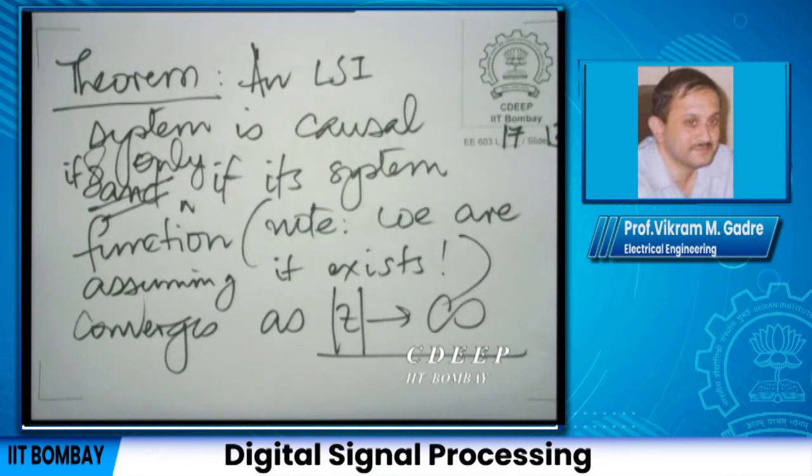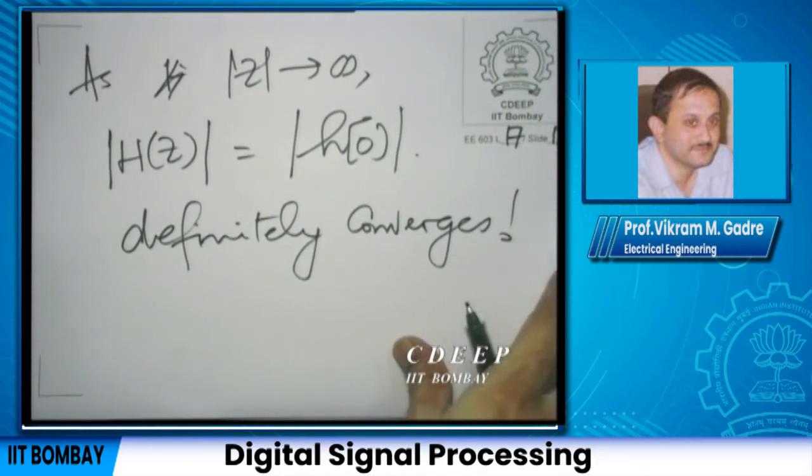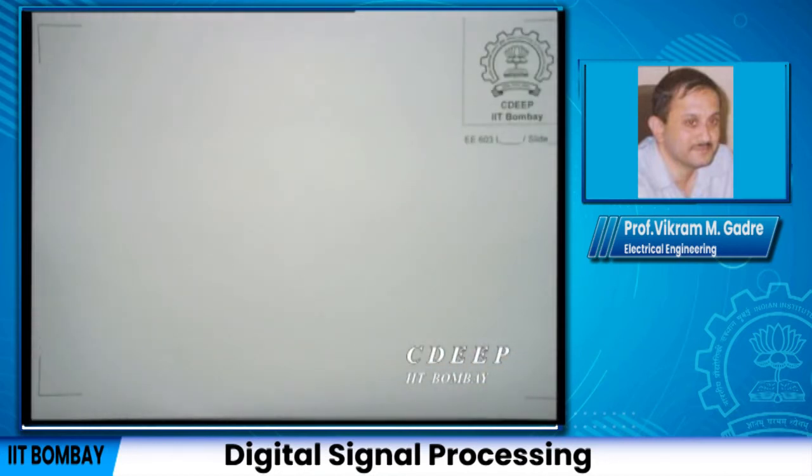Now, we need to prove the converse. The converse is, if the Z transform converges as Z tends to infinity, then the system has to be causal. Is it clear what we are trying to do? It must be proved both ways. Now, I give you the scheme of the proof and I leave you to complete the details.